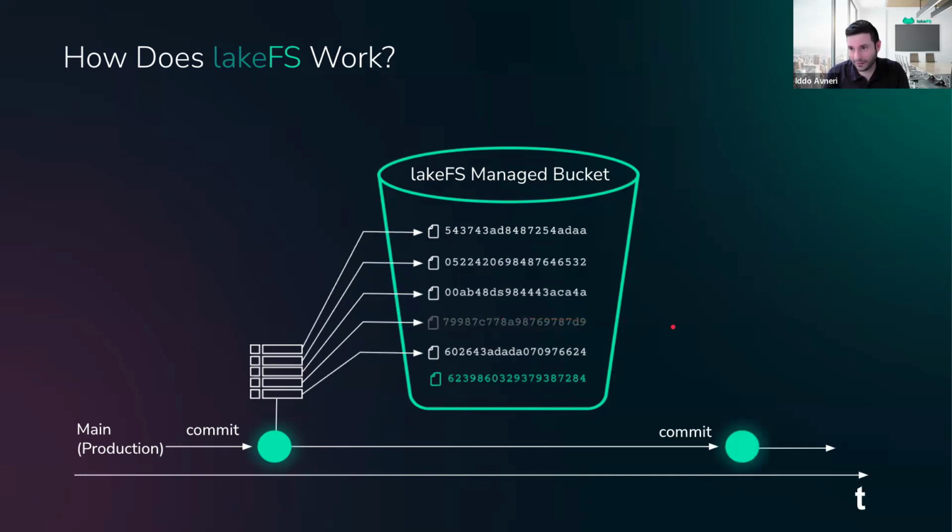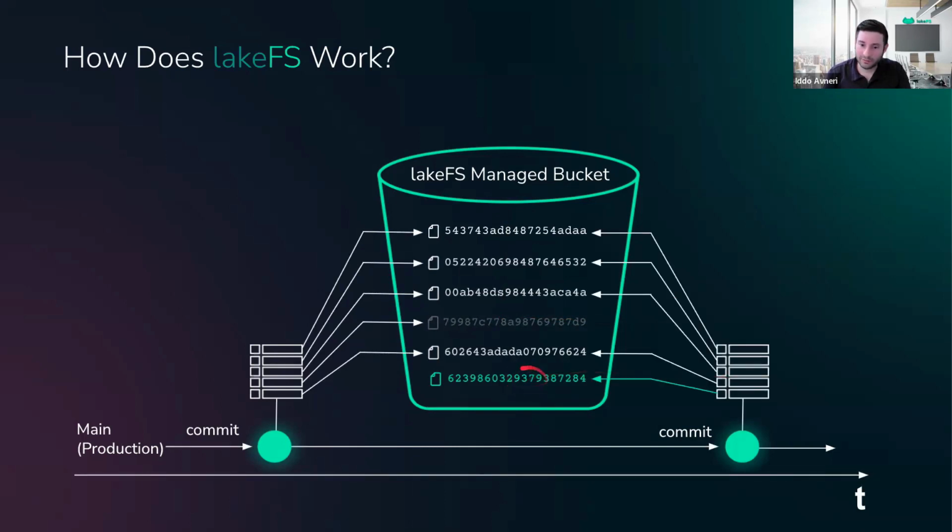We take advantage of this property and we do copy on write. So the next commit will point to that additional file. But for files that did not change, like these three files over here, multiple commits point to the same physical objects.